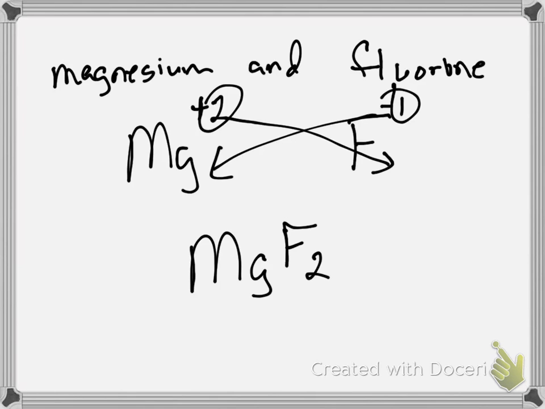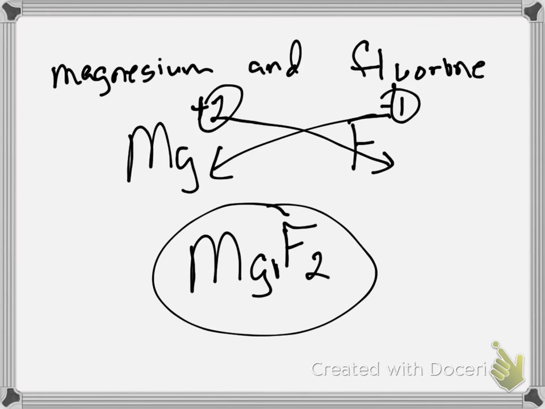Now, if I want to put my 1 there, that's fine. It doesn't change the answer. It's an invisible understood 1. And that is your answer. Remember, make sure to check capitalization. Make sure that the numbers are in the right place. And you show your work.